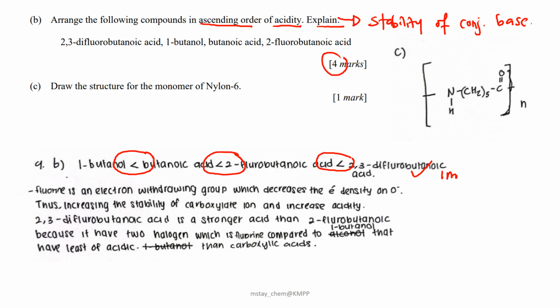Fluorine is an electron withdrawing group, which decreases the electron density at oxygen, thus increasing the stability of the carboxylate ion and increasing acidity. Basically, this statement is correct, but it would be better if the student related it between 2-fluorobutanoic acid and butanoic acid, because for this pair of carboxylic acids, the difference is the fluorine atom.